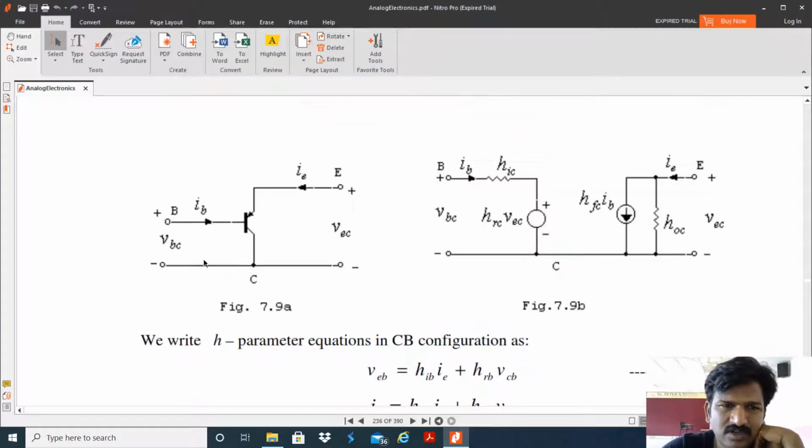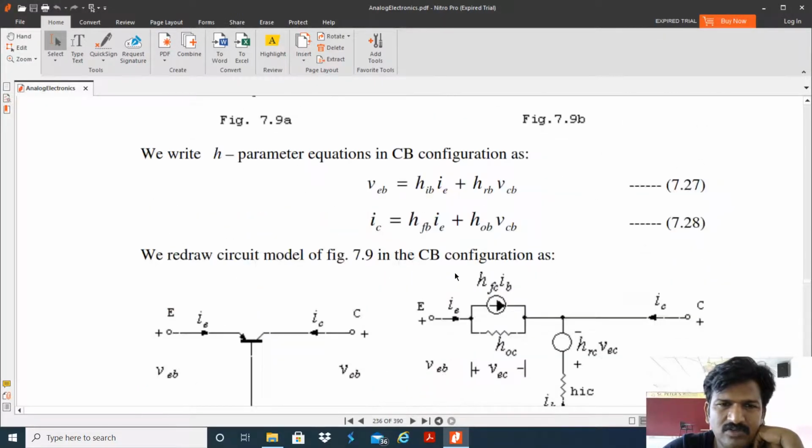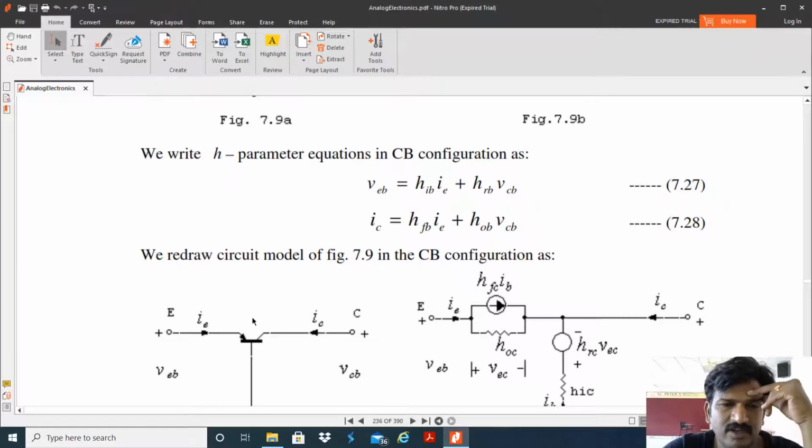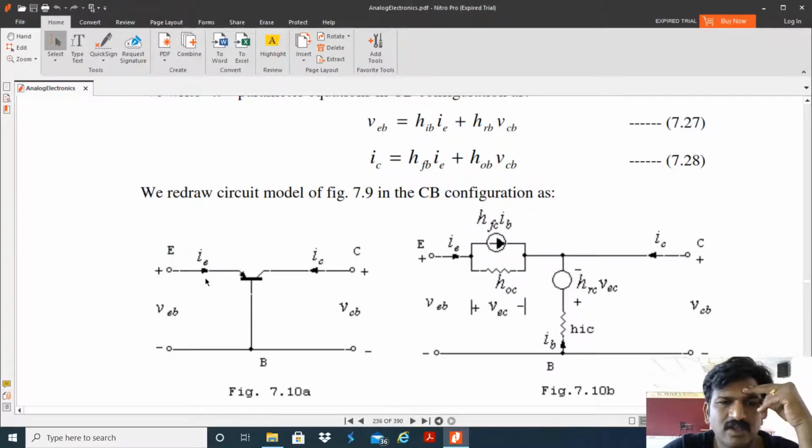Here VEB is the input voltage of the common base configuration, VCB is the output voltage, IE is the input current, and IC is the output current.